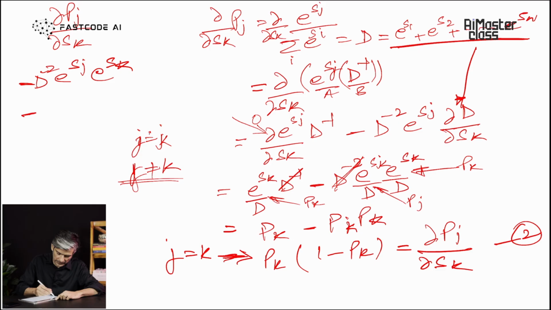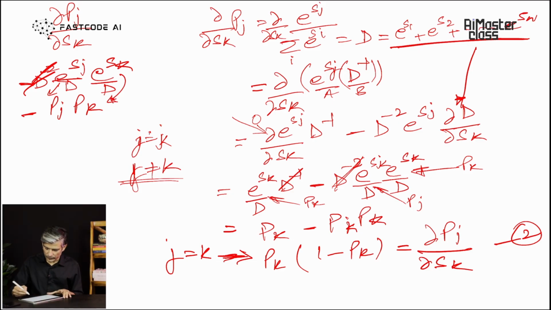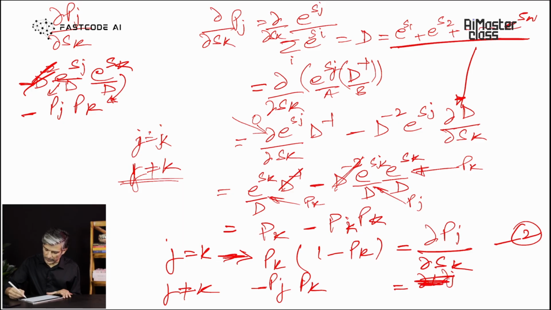So this is nothing but negative of pj pk, right, because I take the d's in the denominator here, this d in the denominator here, and then this e to the power sj upon d is pj and this e to the power sk upon d is pk, right? So when j is not equal to k, this thing simply becomes minus pj pk. So this is my derivative of pj with respect to sk, and this is my equation 3.